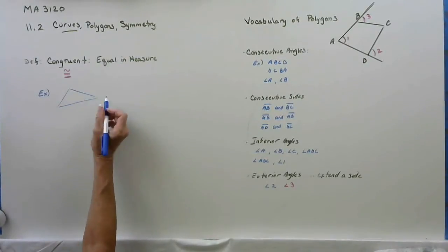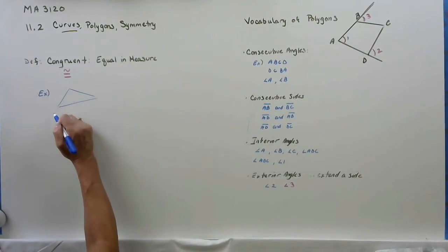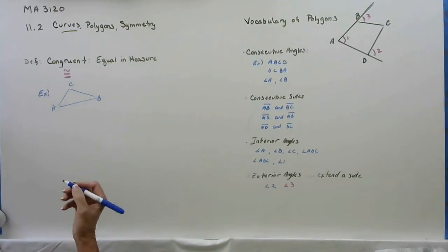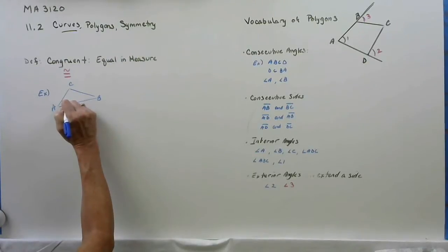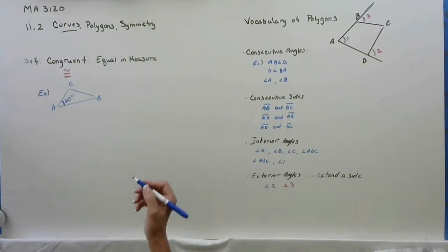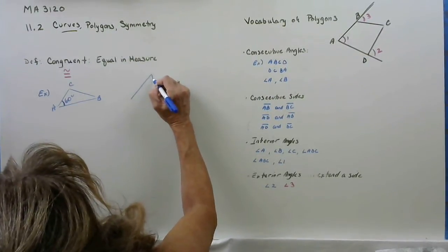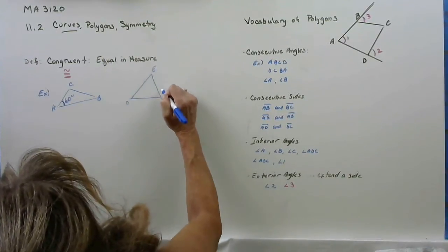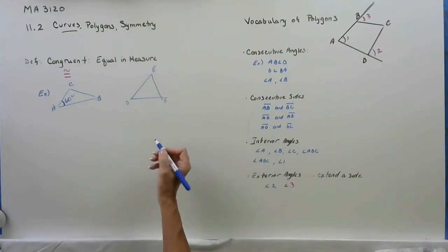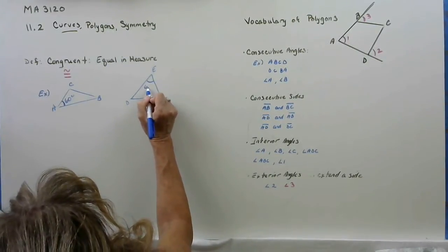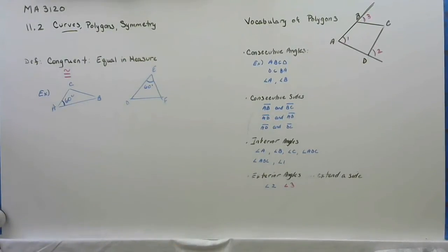Just going to make this up and call this triangle ABC. And I'm going to tell you the measure of this interior angle is 60 degrees. And then I'm going to give you this other triangle, we'll call it DEF. And I'm going to tell you that this angle E is 60 degrees.